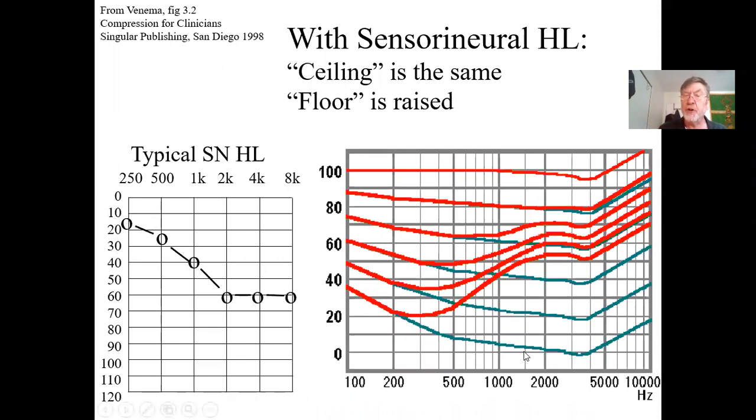This blue curve is, capital letters, underline, bold-faced, italics, 0 dBHL, where my cursor is. So this curved line in dBSPL is the flat line at the top of the audiogram.